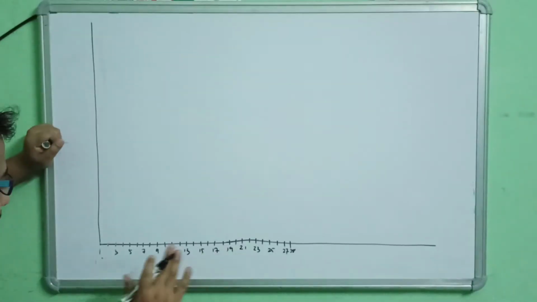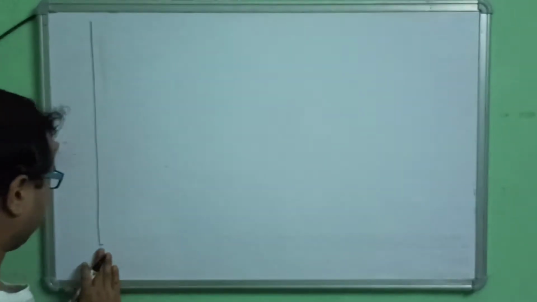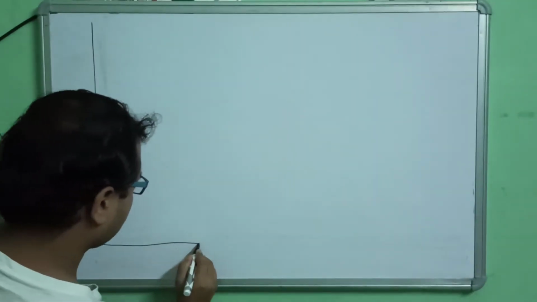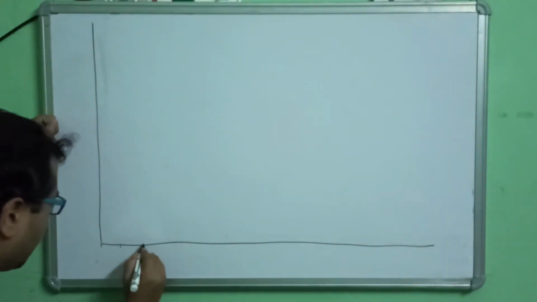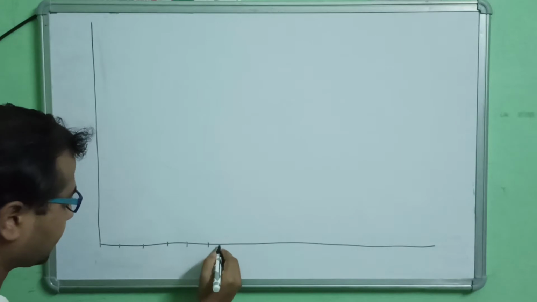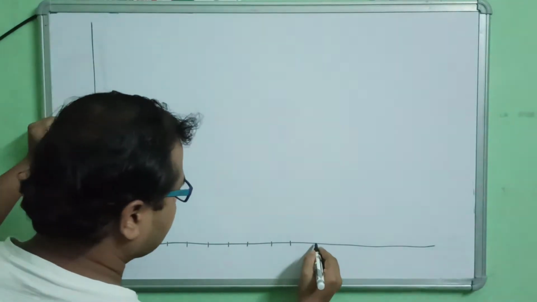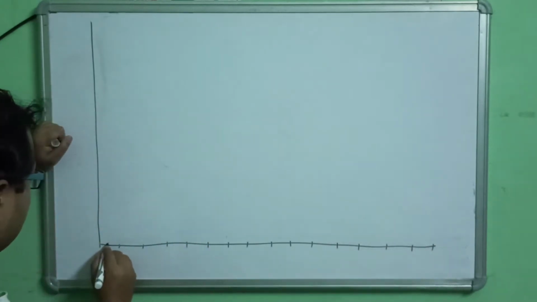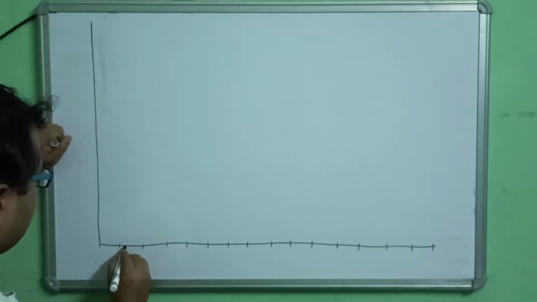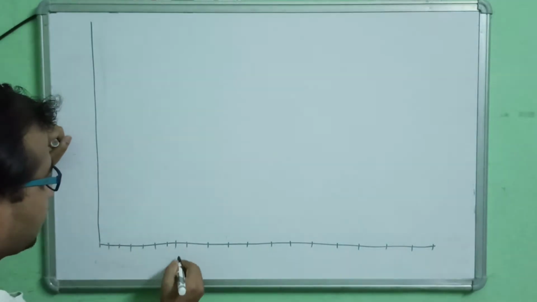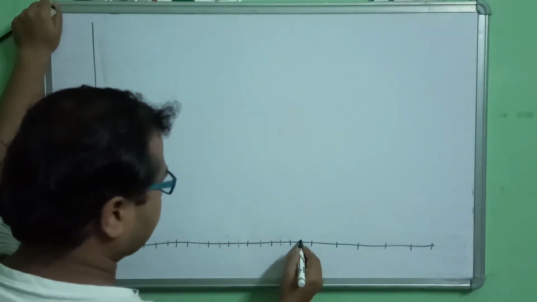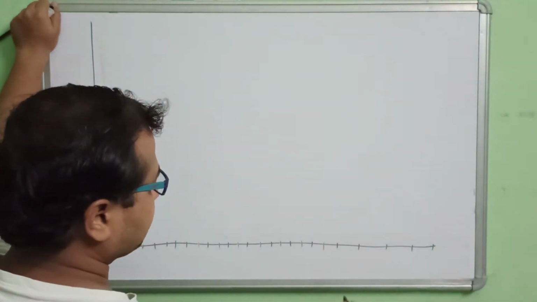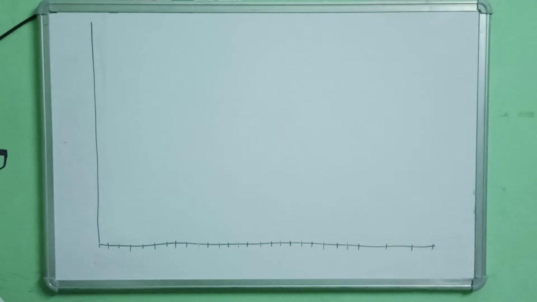I think I should have made a little gap here, so I'm giving larger gaps here. 1, 2, 3, 4, 5, 6, 7, 8, 9, 10, 11, 12, 13, 14, 15, 16, 17, 18, 19, 20, 21, 22, 23, 24, 25, 26, 27, 28. Okay, so total 28 now.